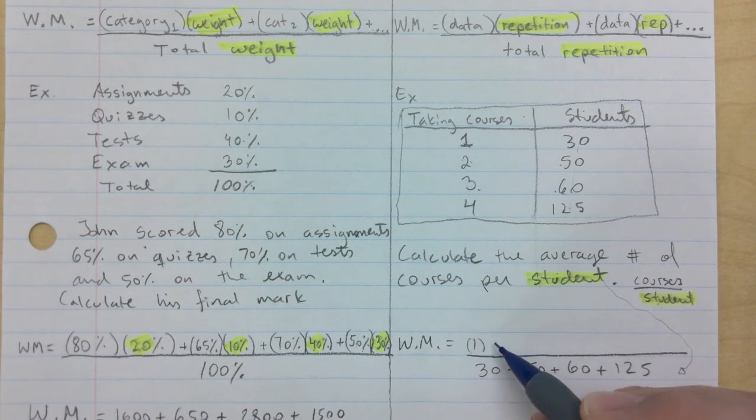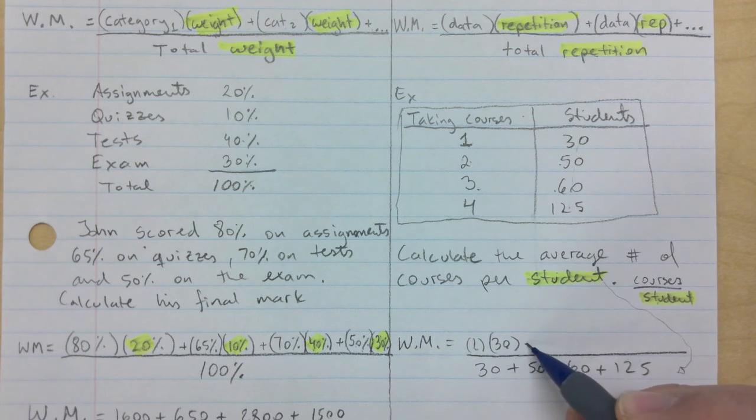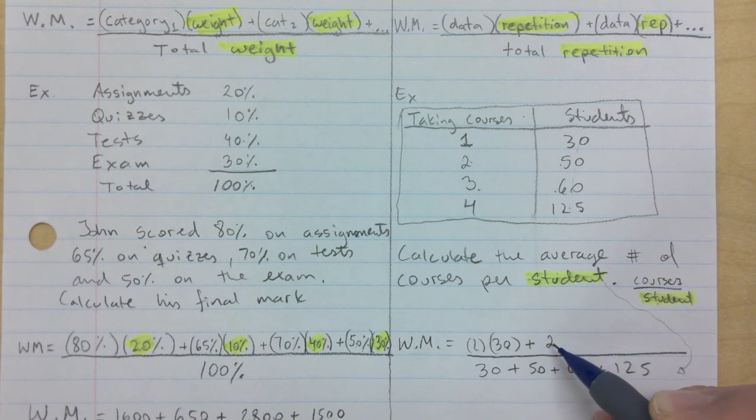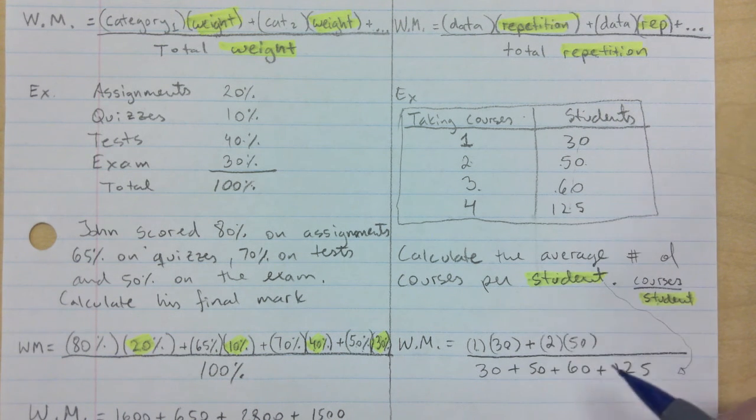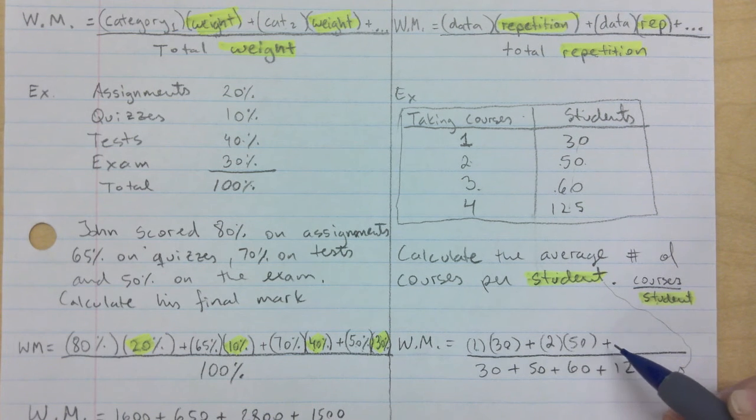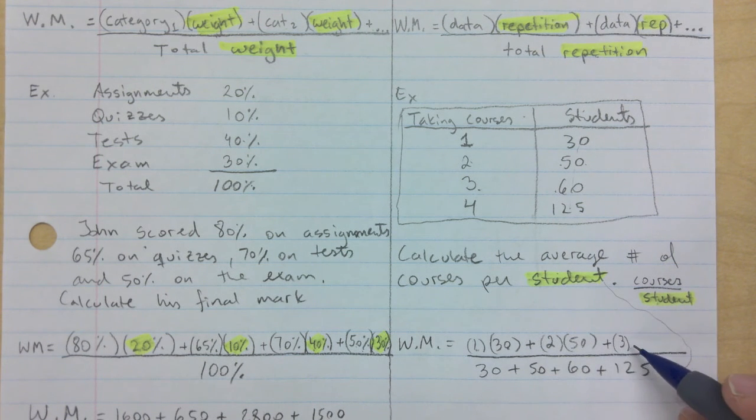So it's one course happens 30 times. 30 students take one course. Plus 2 courses, that happens 50 times. And notice that 50 shows up down here, right? Plus 3 courses, that's happening 60 times. Plus 4 courses, that's 125 times.